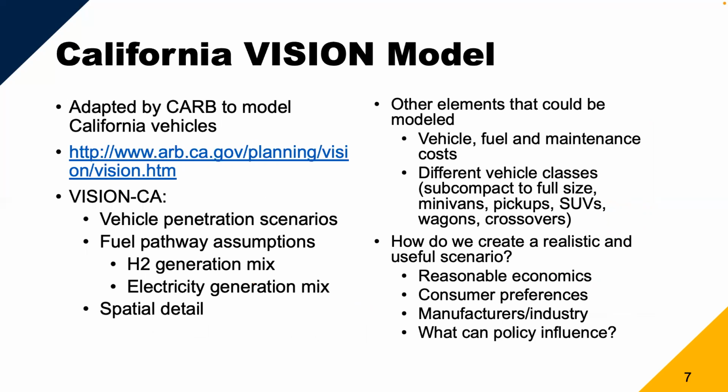And they were particularly interested in looking at certain pathways, so hydrogen and electric vehicles. And actually this has been used to help develop some policy regulation within the Air Resources Board. Okay, any questions about stock turnover?